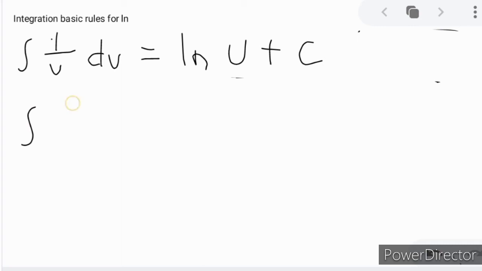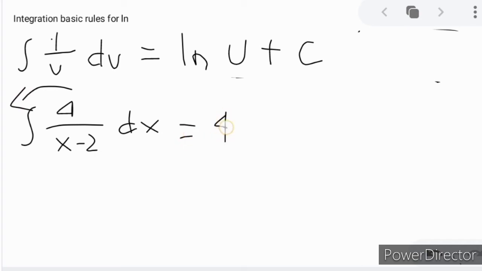Now, let's have another example. By this time, we have the integration of 4 over x minus 2 dx. As we can see, we can move the constant 4 to the left side. So we can have 4 times the integration of 1 over x minus 2 dx.